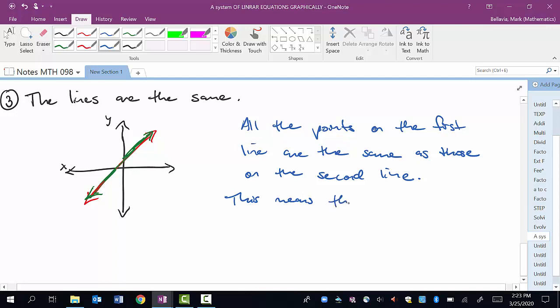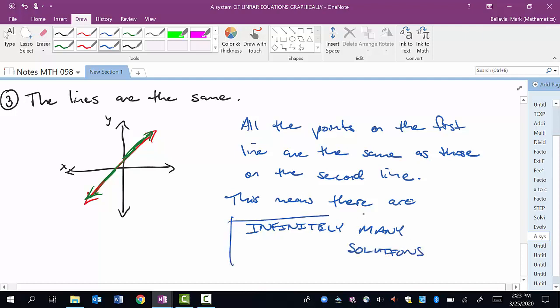So this means there are infinitely many solutions.